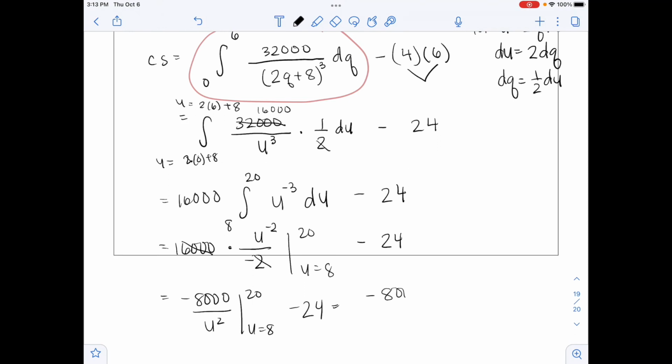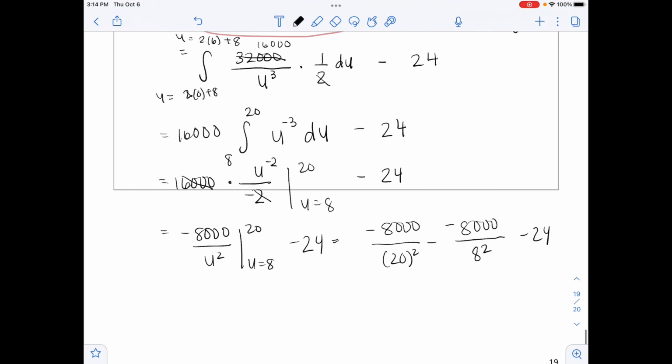And so I have negative 8,000 over 20 squared minus negative 8,000 over 8 squared, minus 24. Simplifying the first fraction, we get negative 20, minus the second one, 8,000 divided by 64. It's going to be negative 125, minus 24.